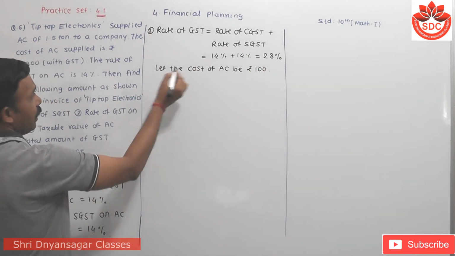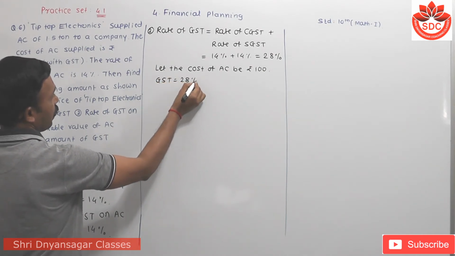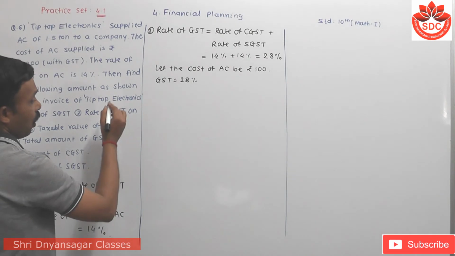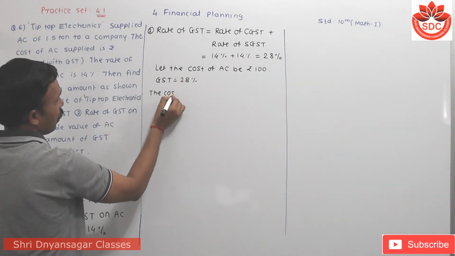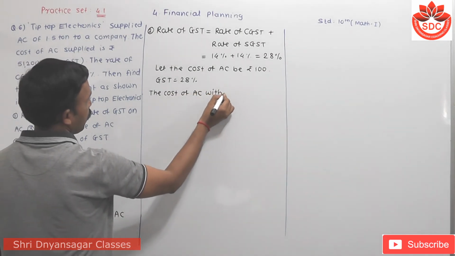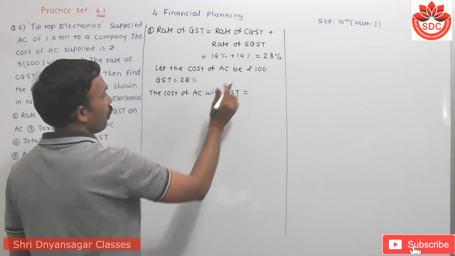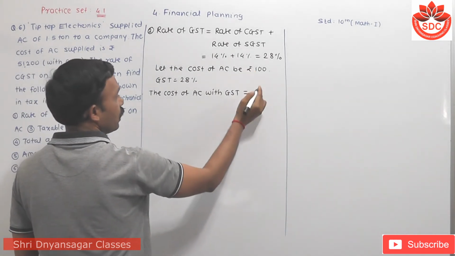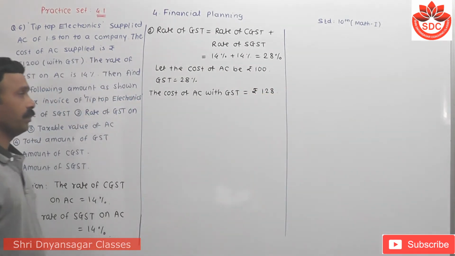Then GST is given here, 28%. Therefore, the cost of AC with GST is equals to how much? You have to add this 28 into this 100, that is rupees 128.